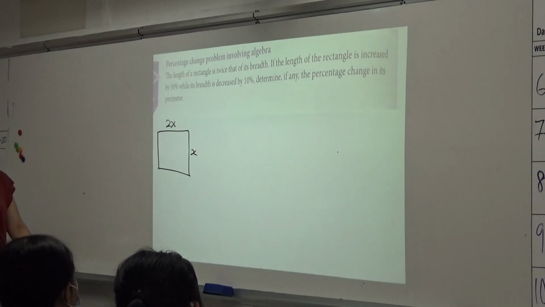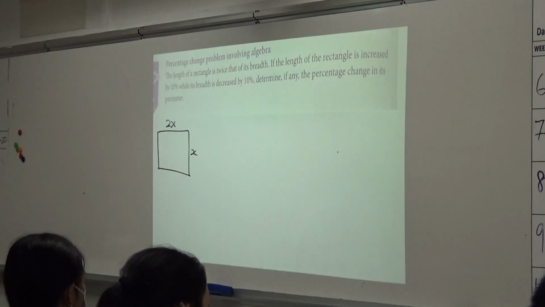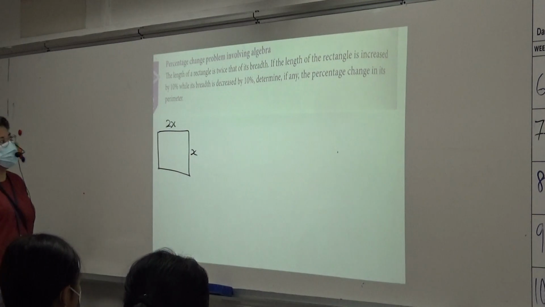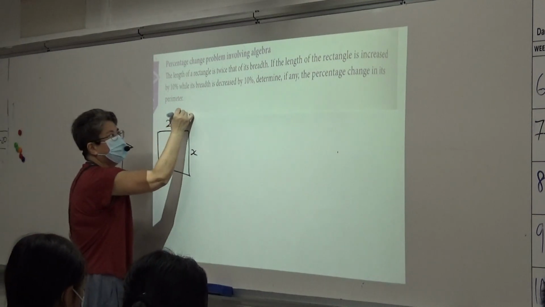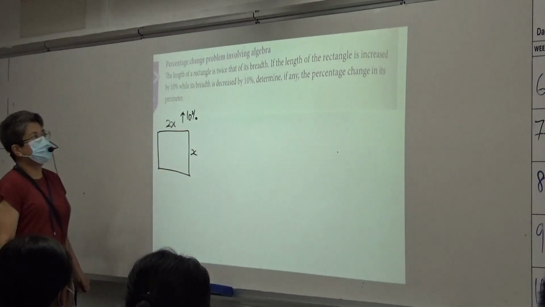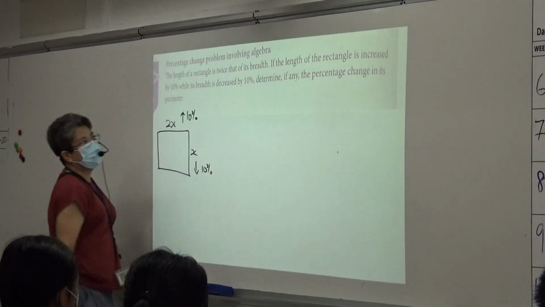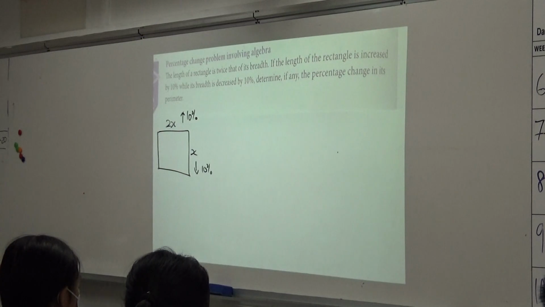Okay. Now, the length of a rectangle is twice that of its breadth. If the length of the rectangle is increased by 10%, so this one is increased by what? 10%, while the breadth is decreased by what? 10%. Determine, if any, the percentage change in its perimeter.